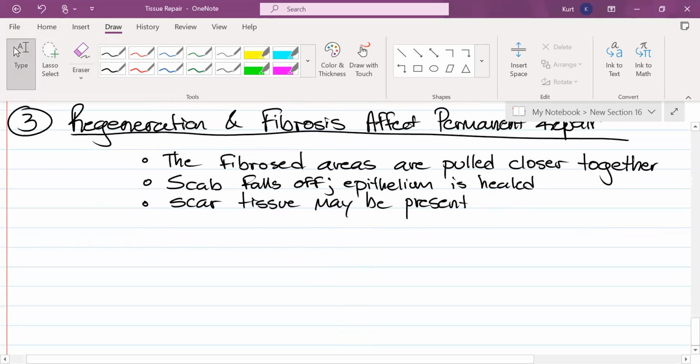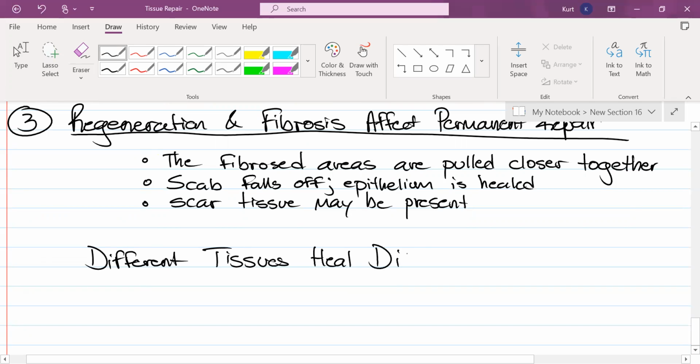Okay. And finally, for today, different tissues heal differently. If you scraped your skin, that'll heal real fast.